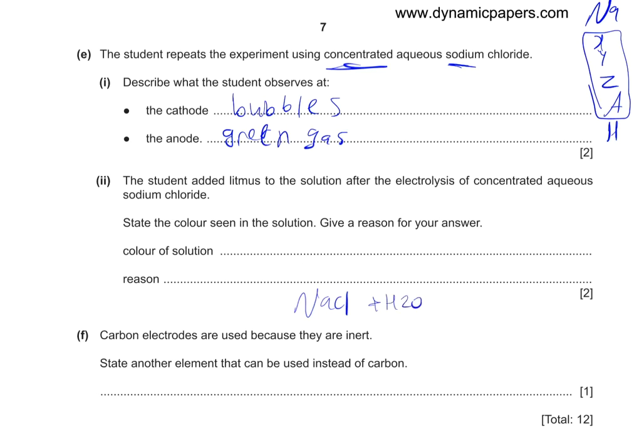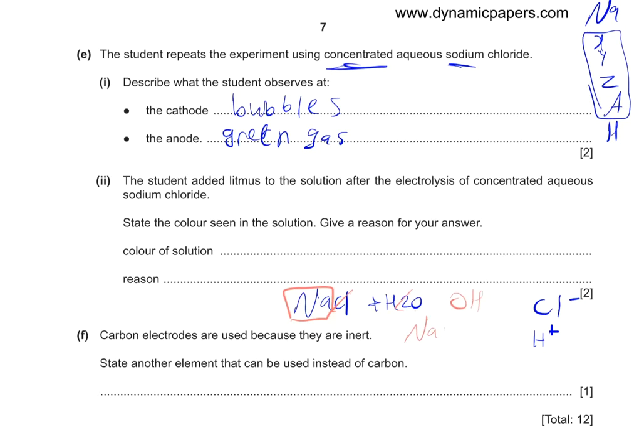In this reaction, we got rid of Cl- ions and we got rid of hydrogen ions, H+. So we lost one hydrogen and we lost Cl. We're going to end up with these two, Na and OH.